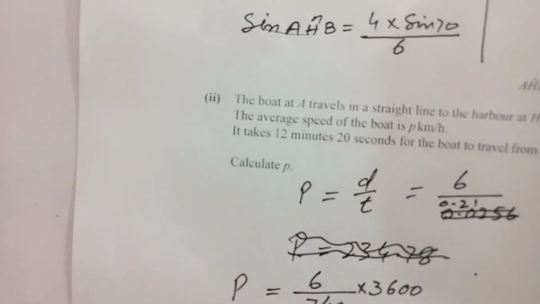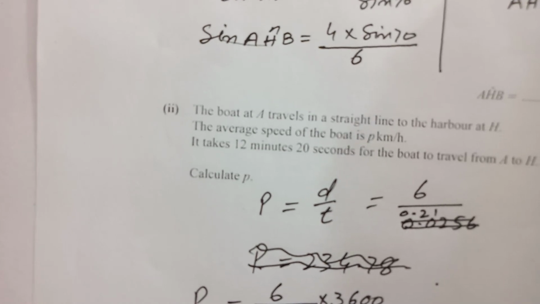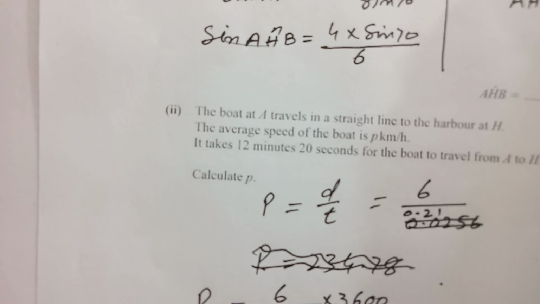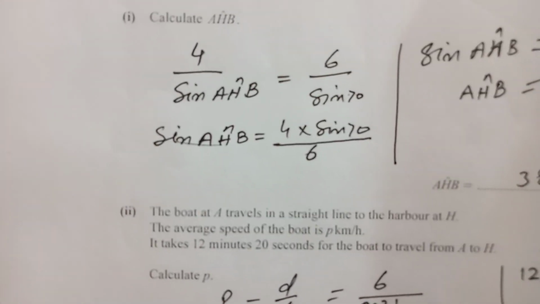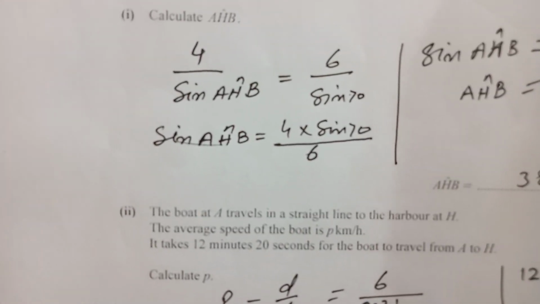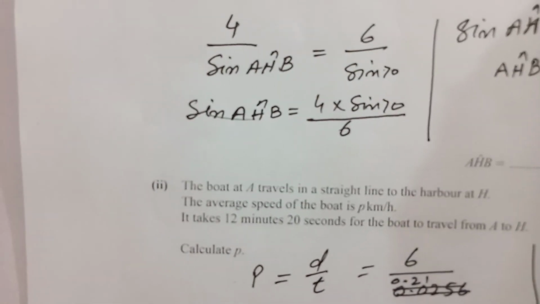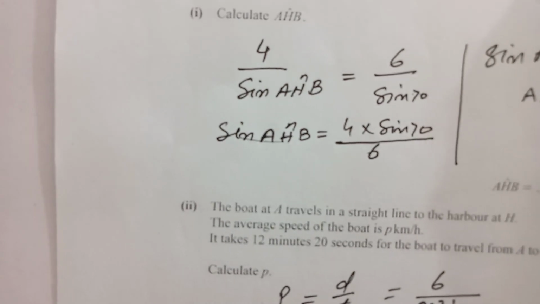Now for part 2, he is asking for the speed. So speed is equal to D over T. So 6 over the time, which he has given in the question, that is 12 minutes and 20 seconds.